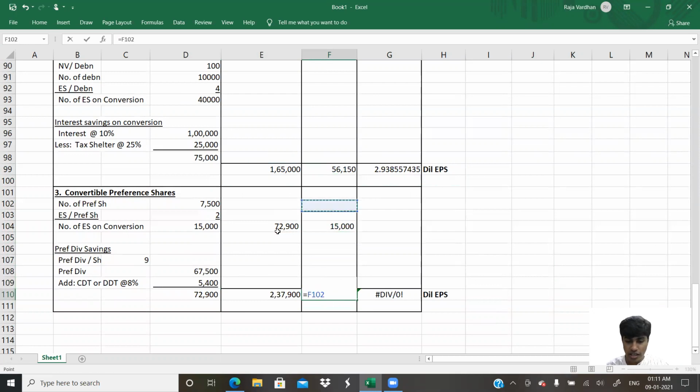So that is 56,150 plus 15,000, 71,150. Then how much will be your diluted EPS? 2,37,900 divided by 71,150. That will give me 3.343640197. Observe, it was 2.938 here. It became 3.34.